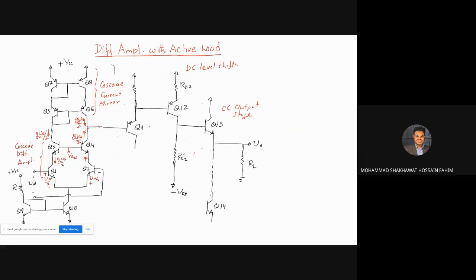Sir, common emitter. This is the emitter, this is RE1, right?